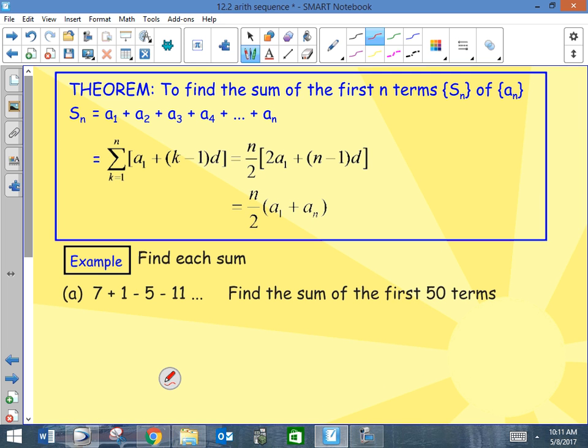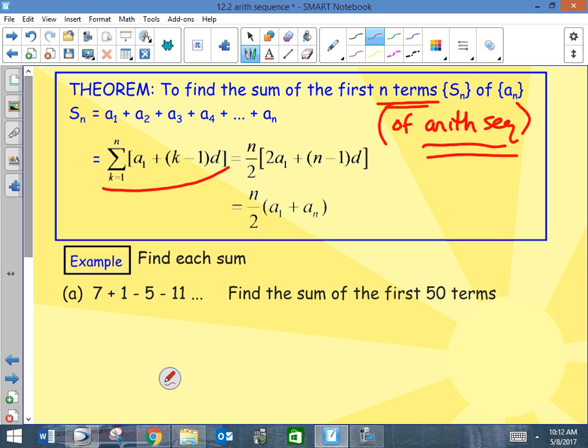So this is what this theorem is for. This is to find the sum of the first n terms of an arithmetic sequence. This is the only time it works, if it's an arithmetic sequence. Sn is, of course, the sum of the n terms. Okay, now check it out. This is k equals 1 to n.